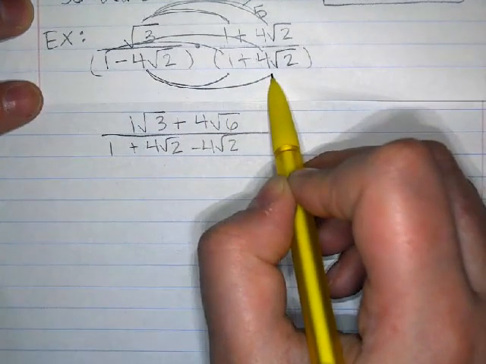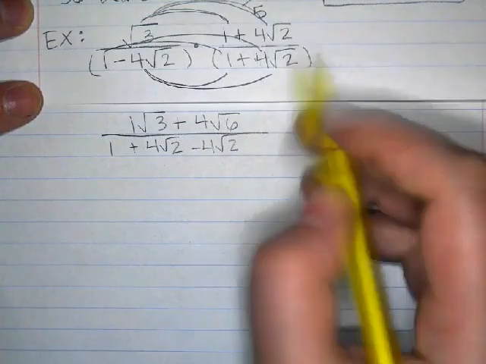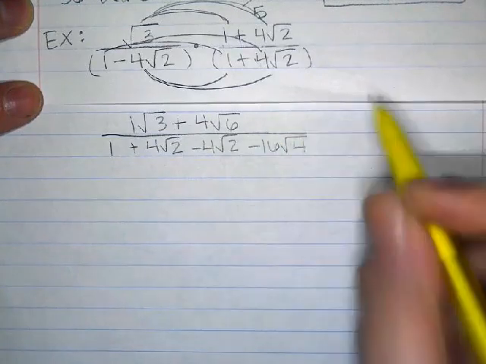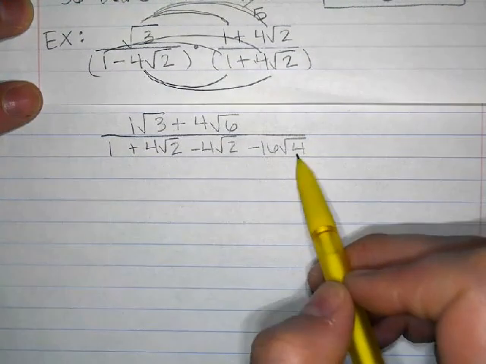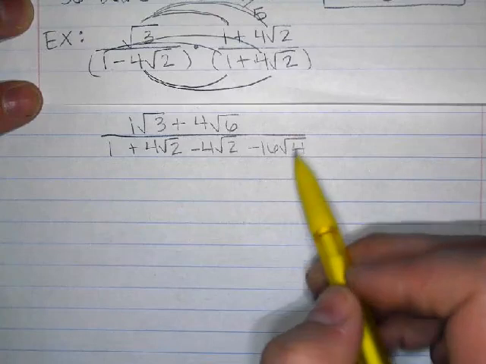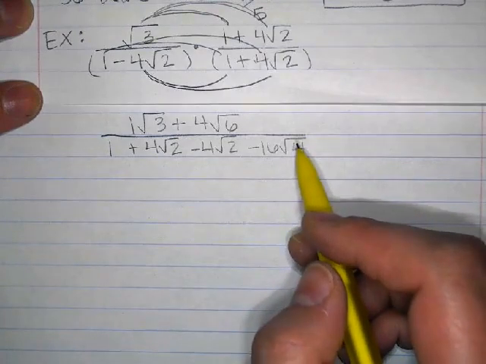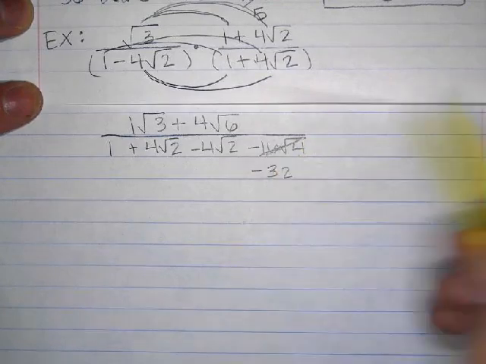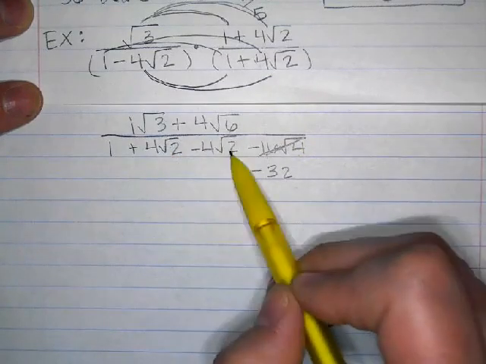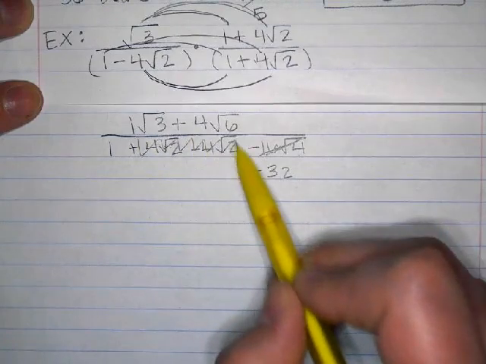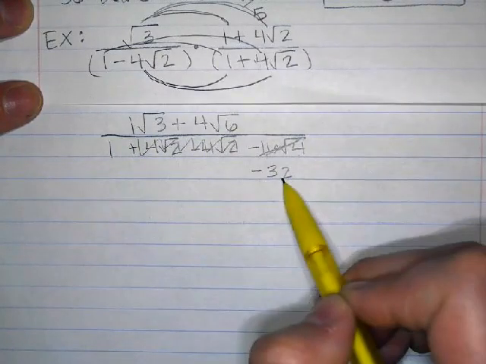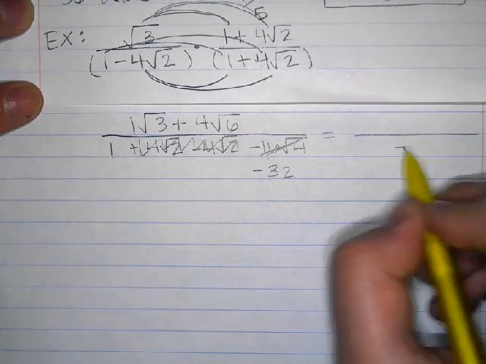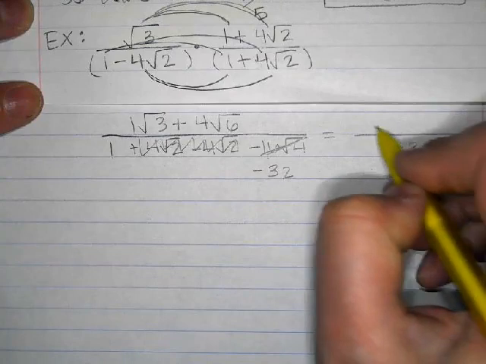Negative 16 root 4. Negative 16 times 2. What's negative 16 times 2? 32. Okay, so this is negative 32. What happens to the middle terms? They're gone. Positive 1, negative 32, negative 31. Okay. Root 3 plus 4 root 6.